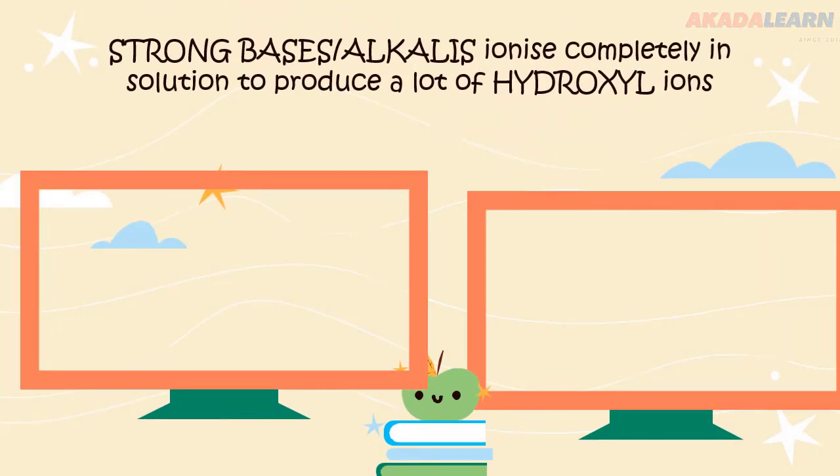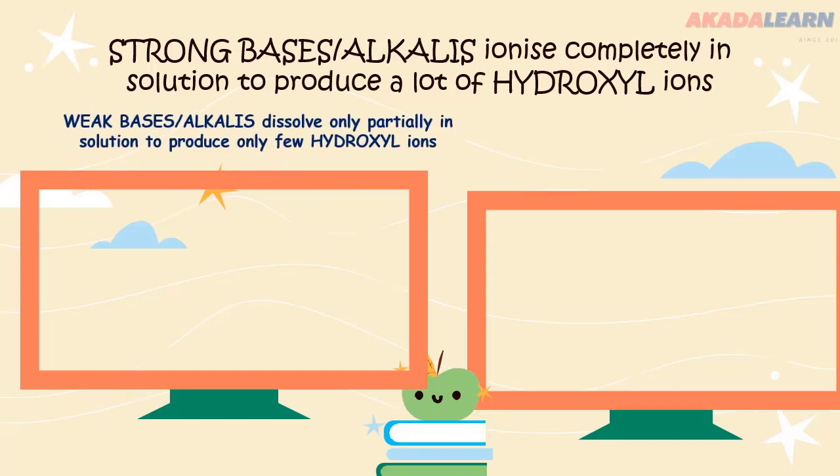So now, a strong base or alkali is one that ionizes completely in solution to produce a lot of hydroxyl ions, while weak bases or alkalis dissolve only partially in solution to produce only few hydroxyl ions.